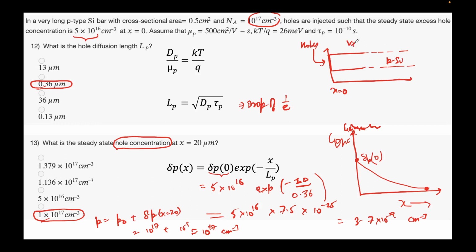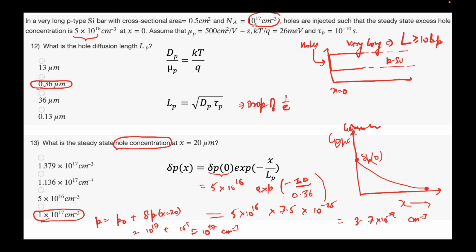So very long implies the length of the semiconductor, denoted by L, is greater than or equal to 10 times L_p, the diffusion length, because at that length diffusion will not play any role. The excess charge carriers, you can see it's 10 to the power minus 9, it's non-existent. The concentration will only be the background doping, which is 10 to the power 17 here. Is that clear?